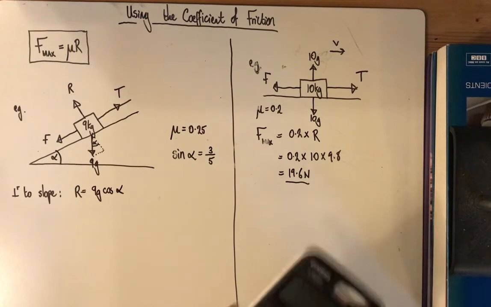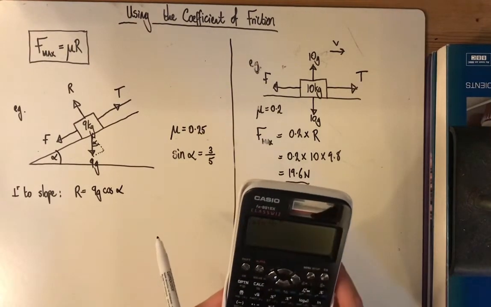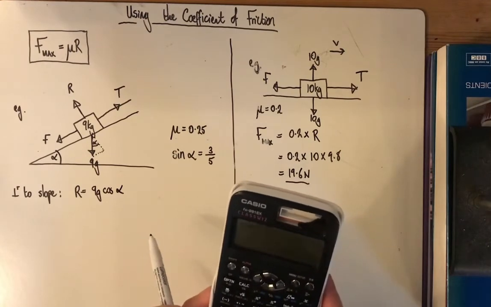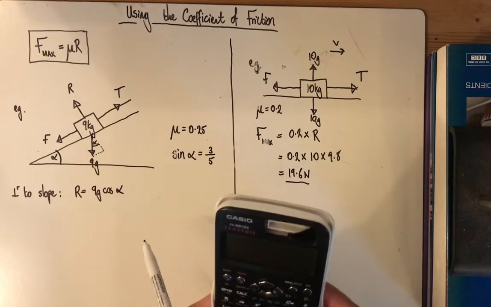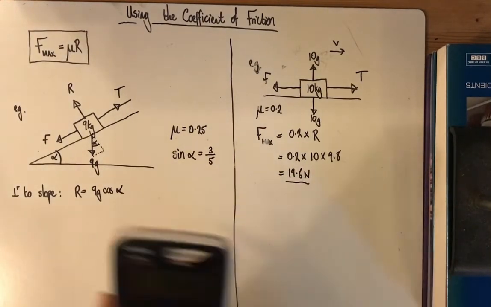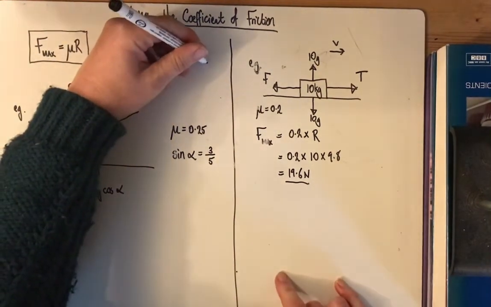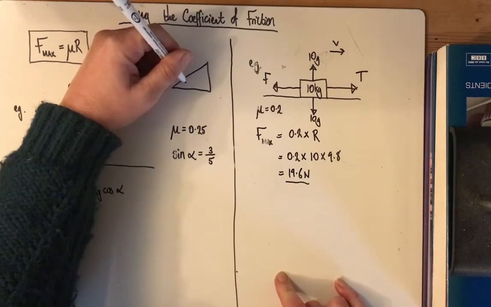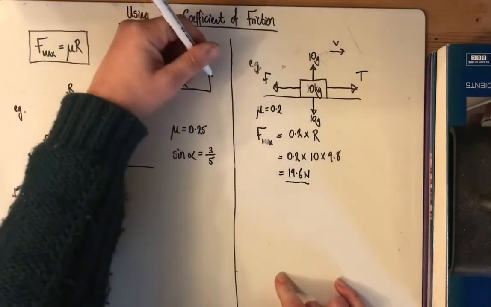We've been given sine alpha. The thing I don't want you to do is do shift sine of 3 divided by 5 and then do cos of the answer, because your calculator doesn't give you it exactly. Something I would think about doing here is, if that's alpha, I know that sine alpha is opposite over hypotenuse.